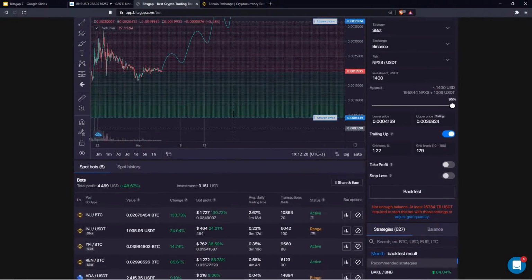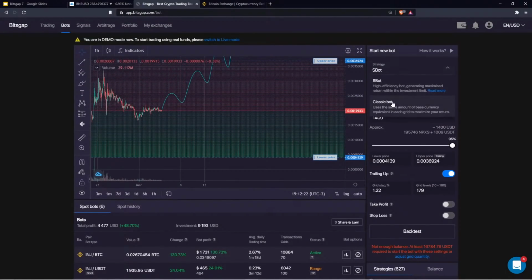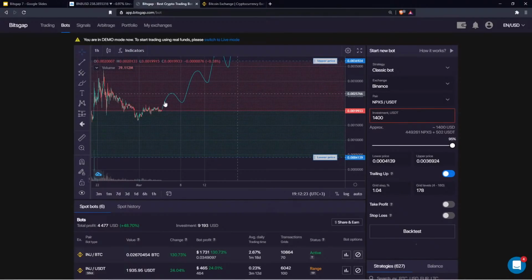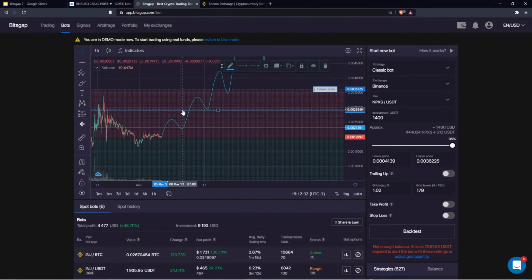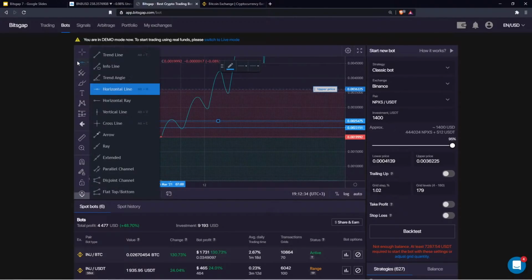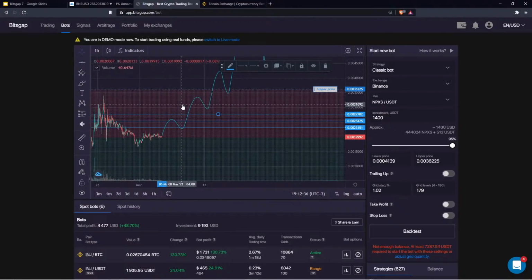So that's why in the classic bot, when the price is rising, you remember that it buys the same, like the constant value, and that means that your risk exposure increases, because the more expensive the crypto is, the more investment is required to maintain the same level of purchase.